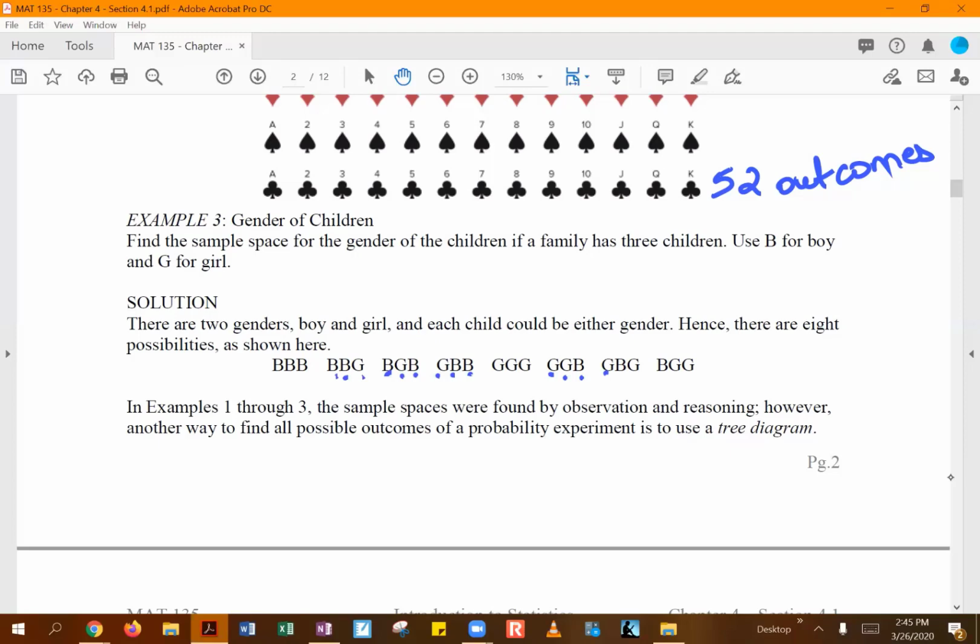You could have girl, boy, girl, and then you could have boy, girl, girl. So for these last 3 options, that's 2 girls and 1 boy. But again, it comes down to the order in which those kids were born. So in this case, the order makes a big difference in your number of outcomes. Okay.